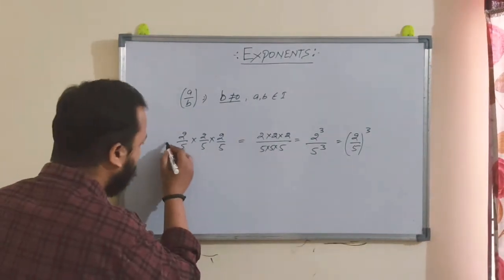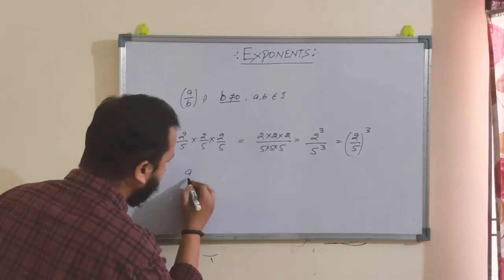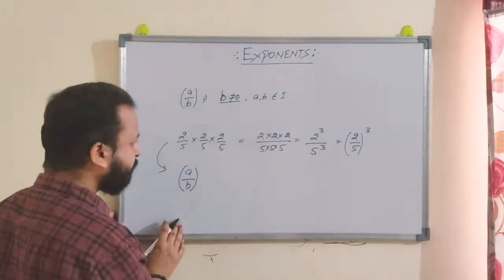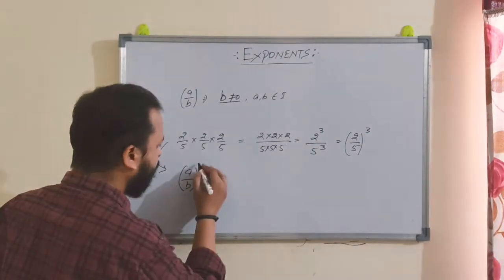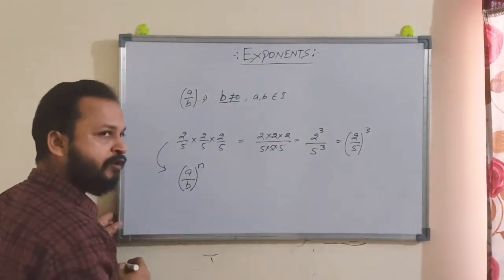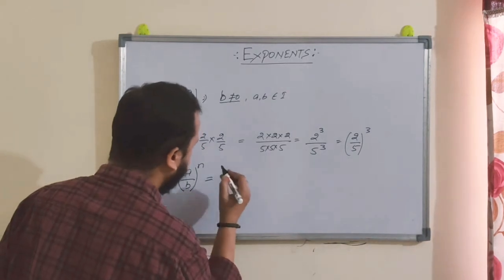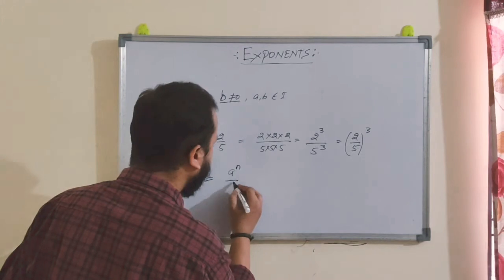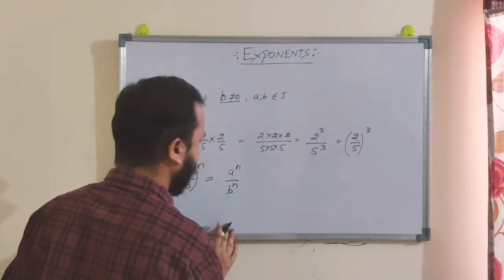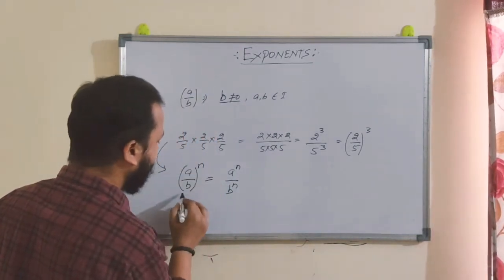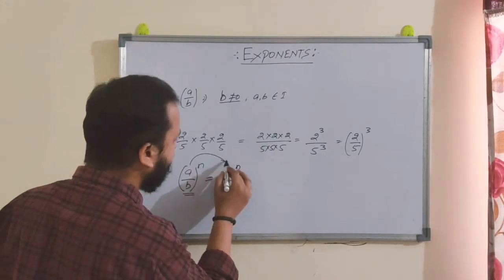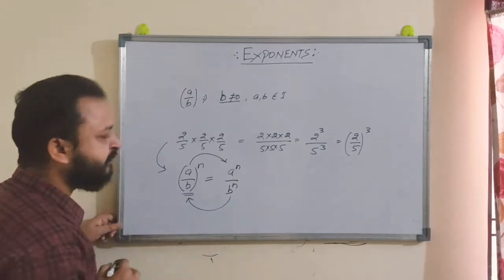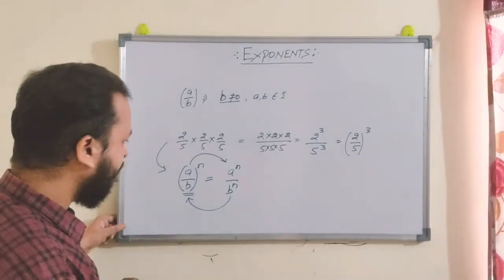So if we generalize this term, we can write: if a by b whole to the power n is given, you can write it as a power n divided by b power n, right? If it is written like this, you can write it like this. And if it is written like this, you can also write it like this, right?